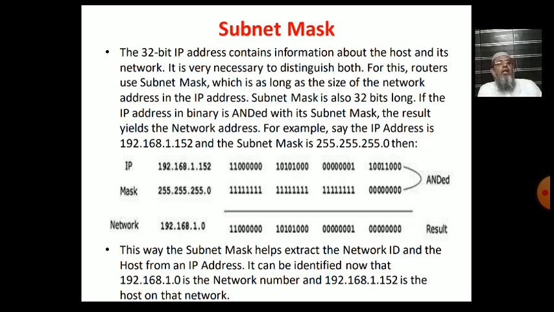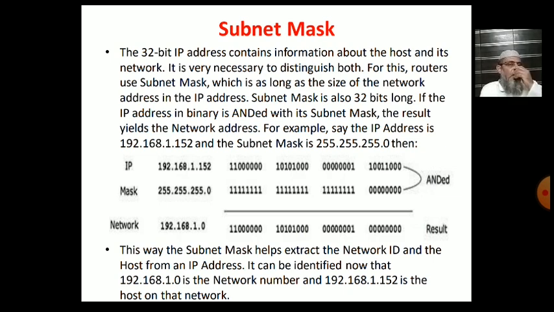That is again converted to binary, and the first 3 octets contain all ones, which means 24 ones in the MSBs, and the LSBs contain 0, because the last octet is 0. Now the AND operation is done, and finally the first 3 octets of the IP address come down, because 1 AND 1 is 1, 1 AND 0 is 0, and 0 AND 1 is again 0.